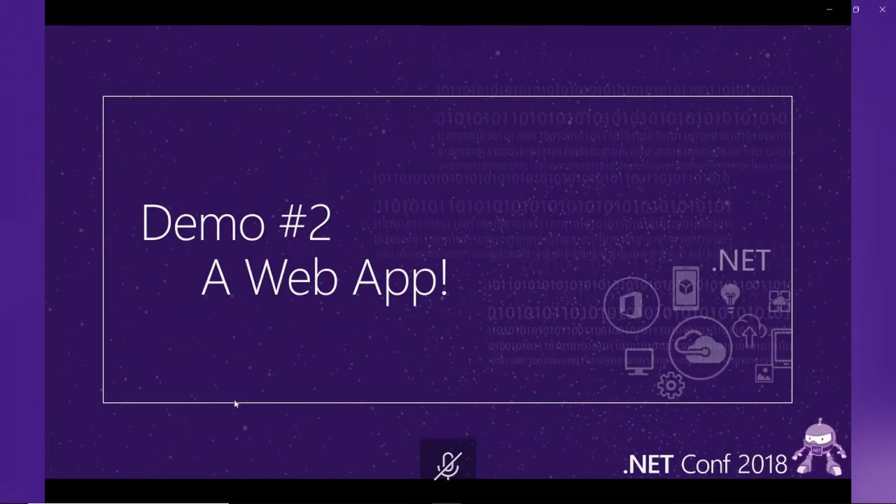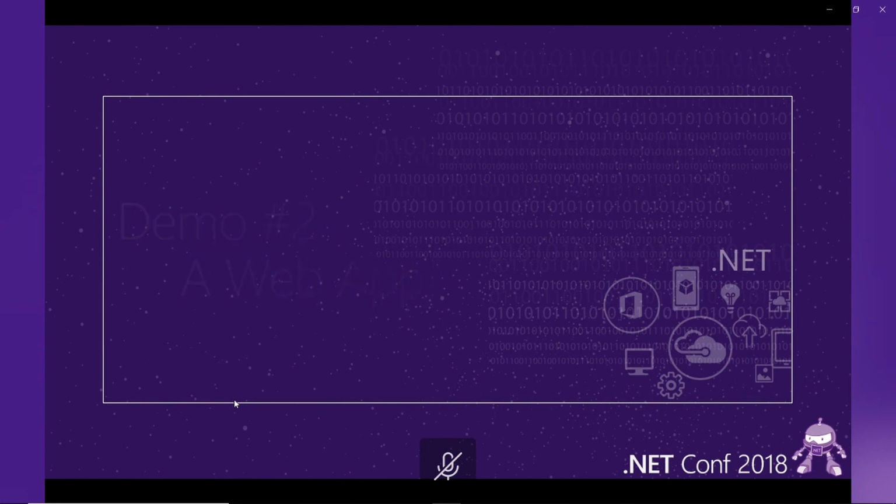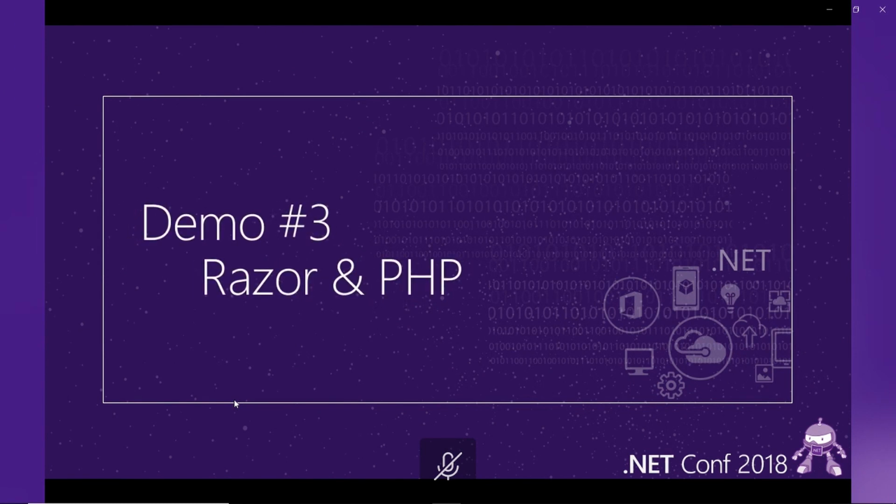And I'm showing you this because now let's make a move to Visual Studio and demonstrate Razor and PHP. So we can get closer to the final demonstration, which will be after that.